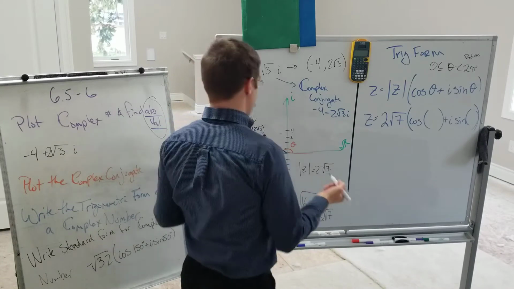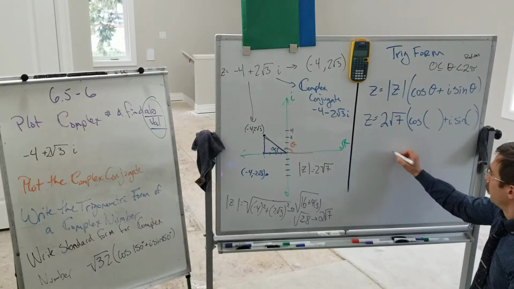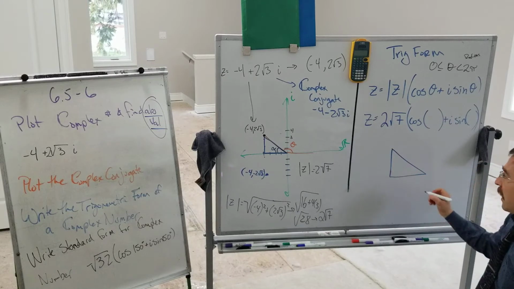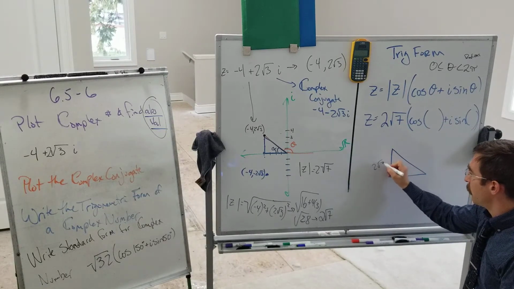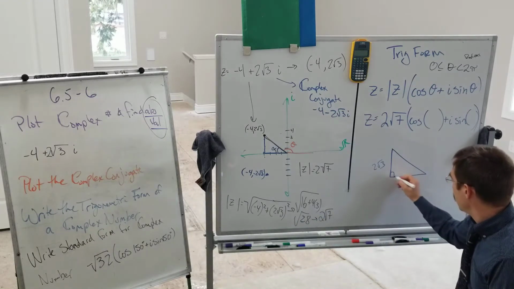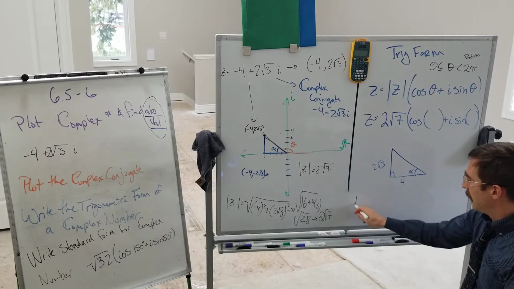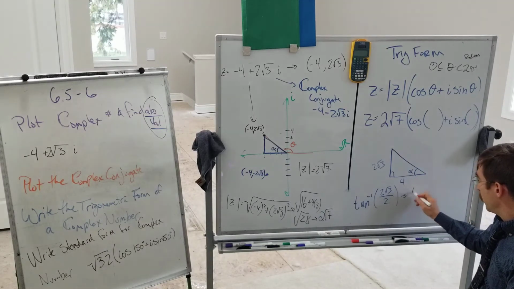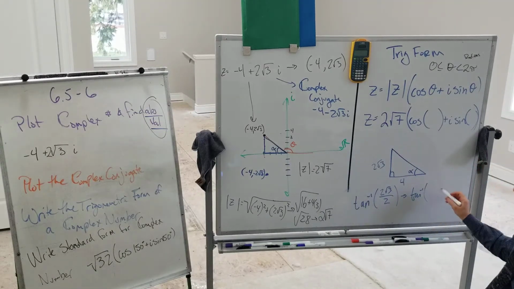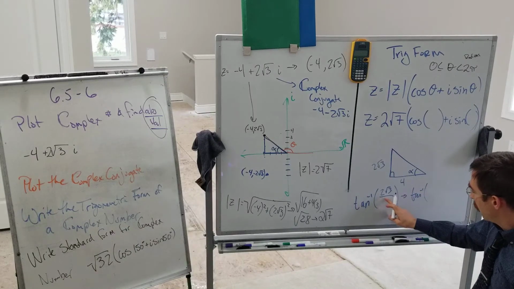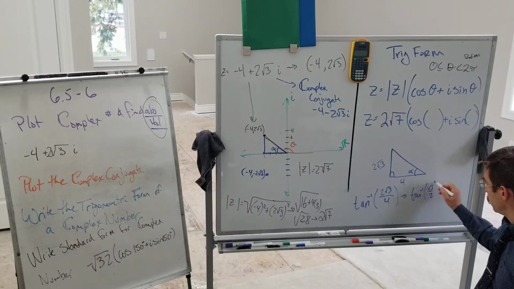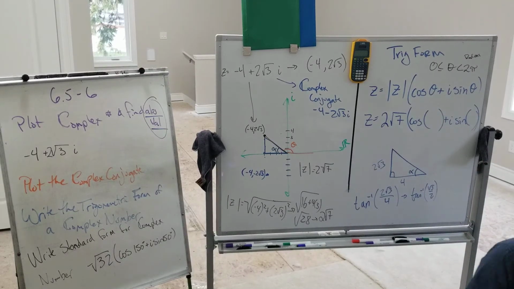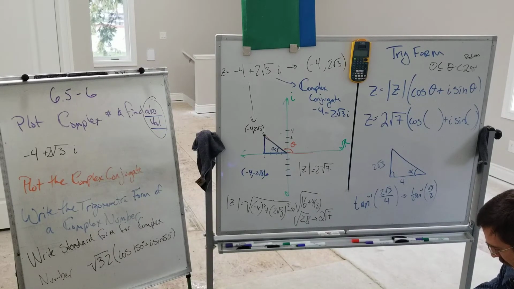So basically, I look at this right triangle where I have 4 and 2 root 3. I'm just using the absolute value of the x and the y. I want my angle alpha here, so I'm going to go inverse tangent of the opposite over adjacent. So arctangent of, oh my goodness, that should be a 4, of root 3 over 2. Square root of 3 divided by 2.